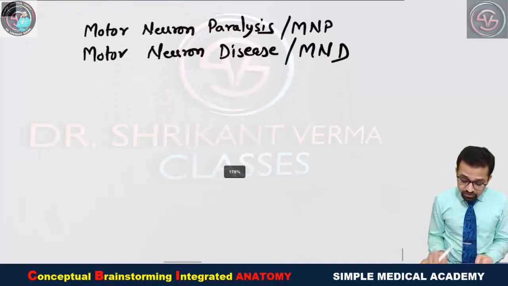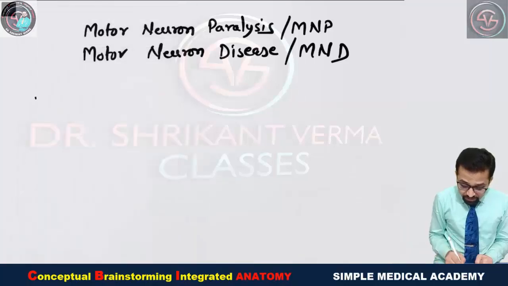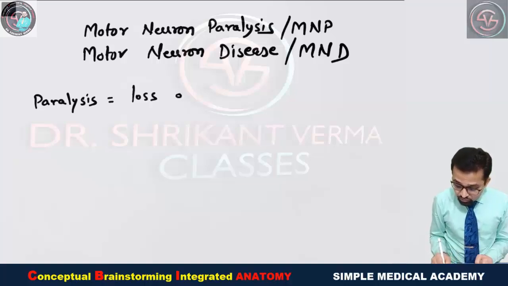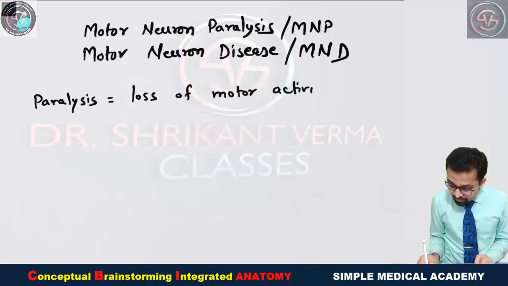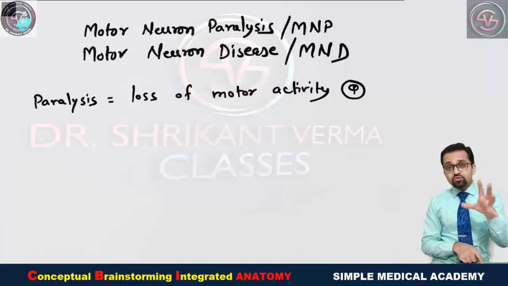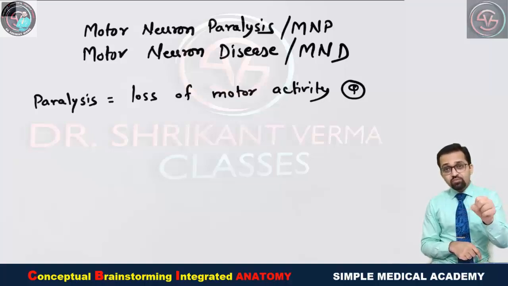Okay, so first thing, what is paralysis? Paralysis definition: loss of motor activity is known as paralysis. Suppose this movement is the motor activity.